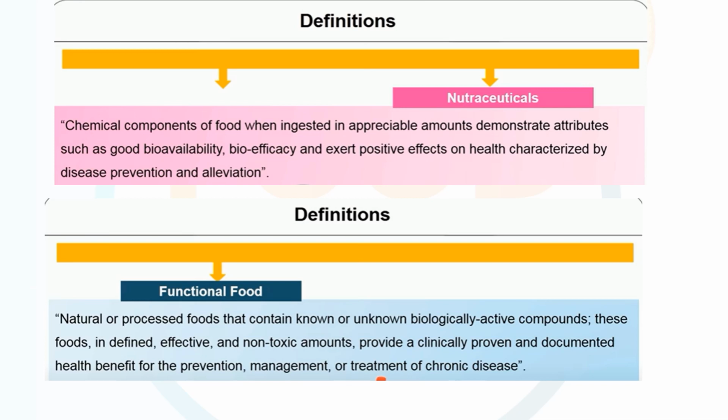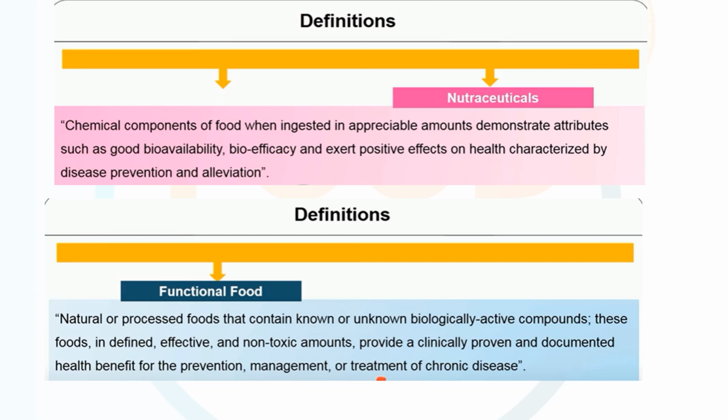In common, to summarize, I would say that these are some chemical components which, when we eat those products which have these particular chemical components, have good bioavailability and help us to fight different diseases. And then moving towards functional food.